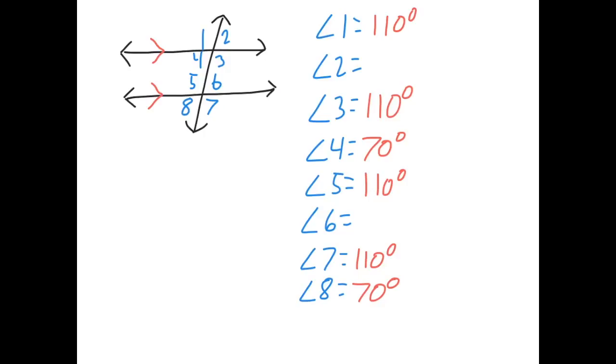Next, we want to look for alternate exterior angles. So from angle 8, the other exterior angle that's on the opposite side is angle 2. So those are congruent. So angle 8 is 70, so angle 2 is 70.